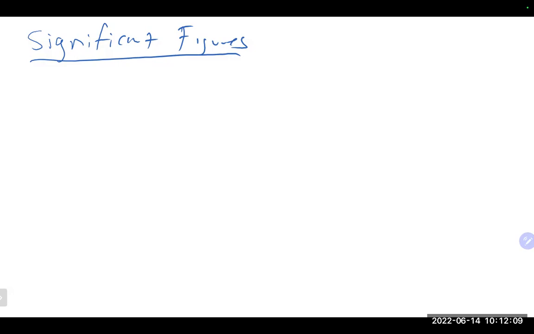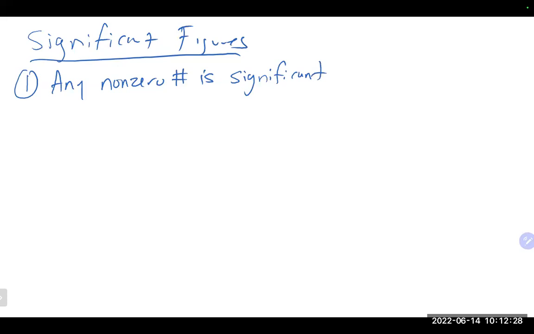So when we look at significant figures, there are certain rules that we use to count them. The first rule is any non-zero number is significant. And by the way, that is pretty much where you start counting.